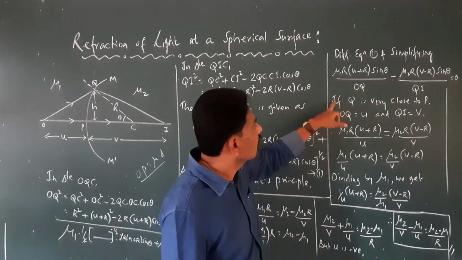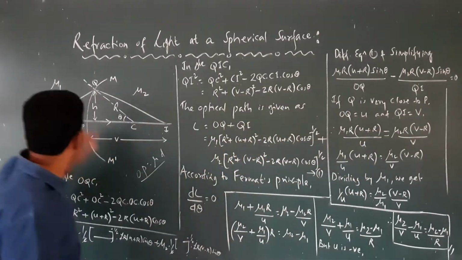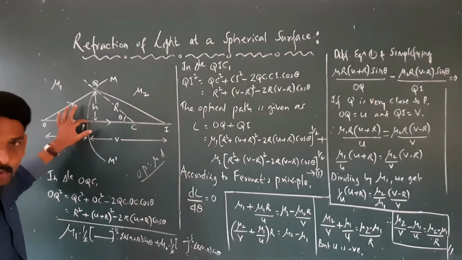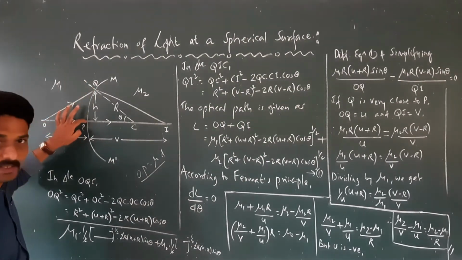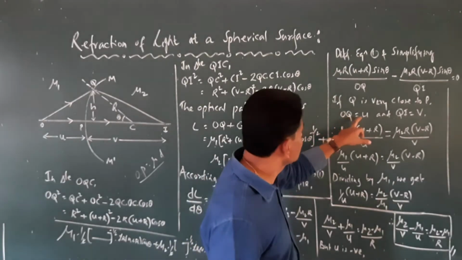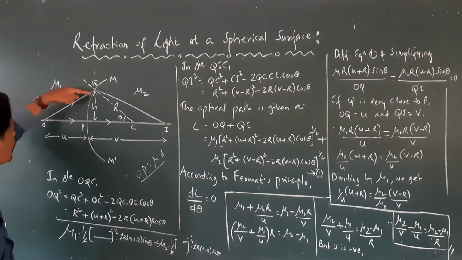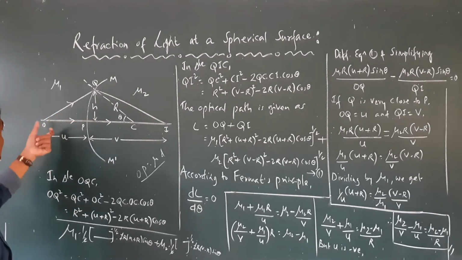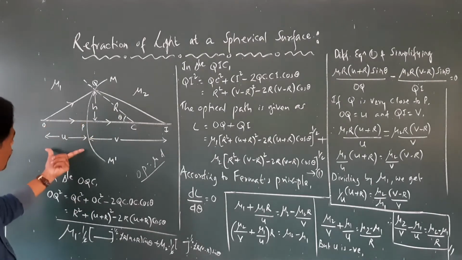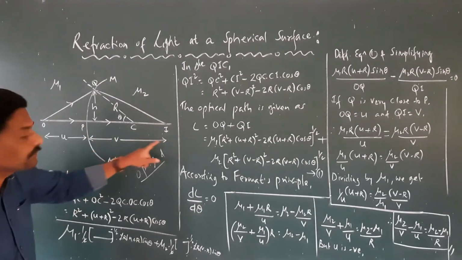Next, now we say that if Q is very close to P, the pole, then the distance OQ is going to be equal to u, and the distance QI is going to be v.